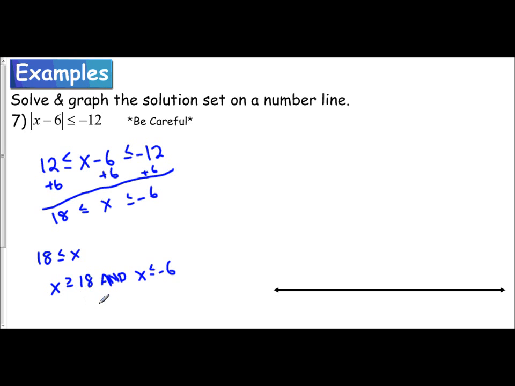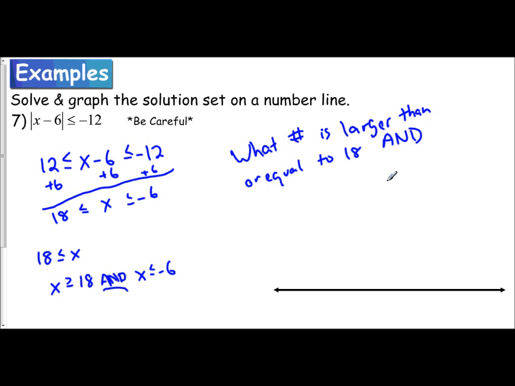So x has to be greater than or equal to 18, and it has to be less than or equal to negative 6. So I ask you, what number is larger than or equal to 18, and at the same time, is smaller than or equal to negative 6?